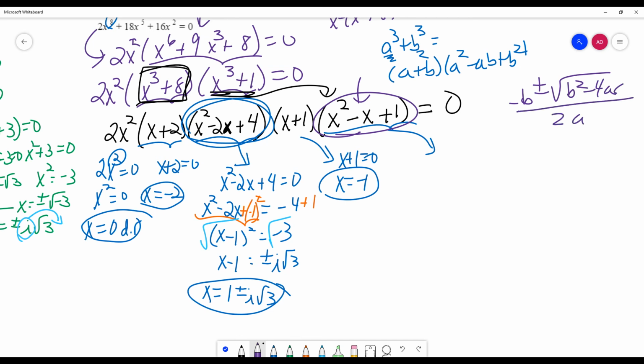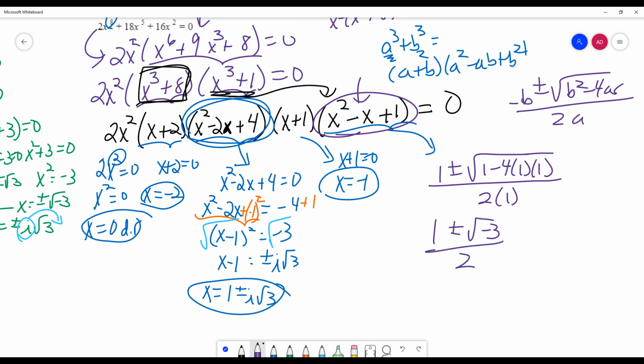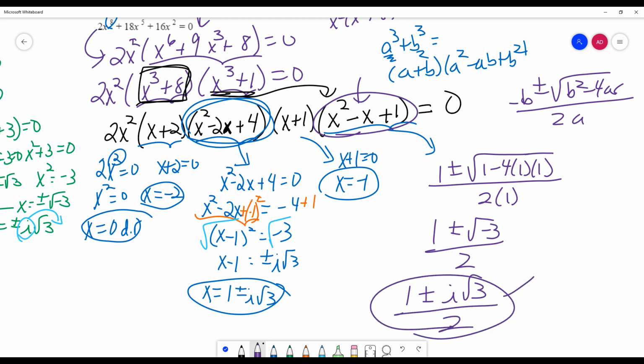I go negative b plus or minus the square root of b squared minus 4 times the a times the c, whole thing sitting over 2a. Lo and behold, I get 1 plus or minus the square root of negative 3 over 2. Take your i out. I know. And Merry Christmas, Happy New Year. There's 2 more roots. So I have 2 roots here, 1 root here, 2 roots here, 1 root here, and 2 roots here. Yep, I have 8 roots.